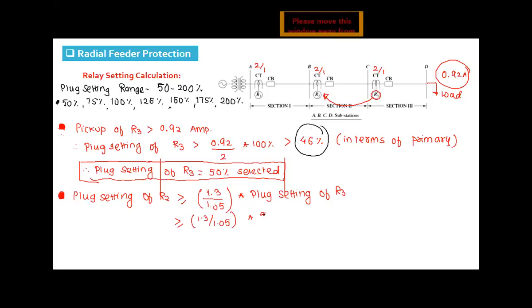What is plug setting? 50% of, yes Bhavesh, 50% of किसका 50%? हाँ, R3 यानी 50% of 2 ampere. CT primary લીધું ને આપણે. Here we have divided by 2, so 50% of 2 ampere you can say.